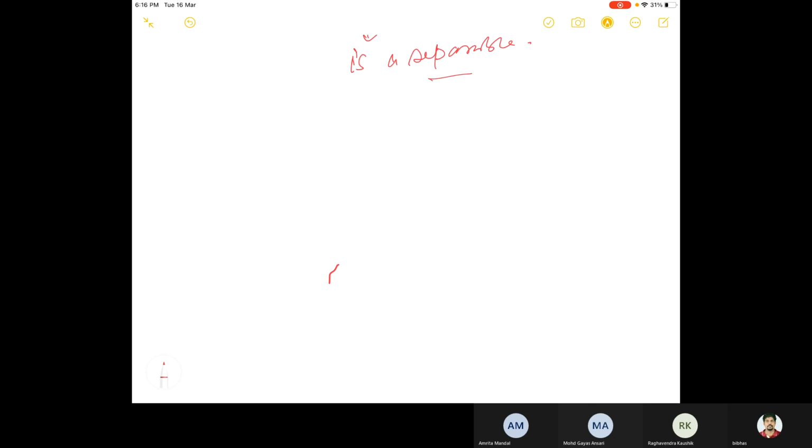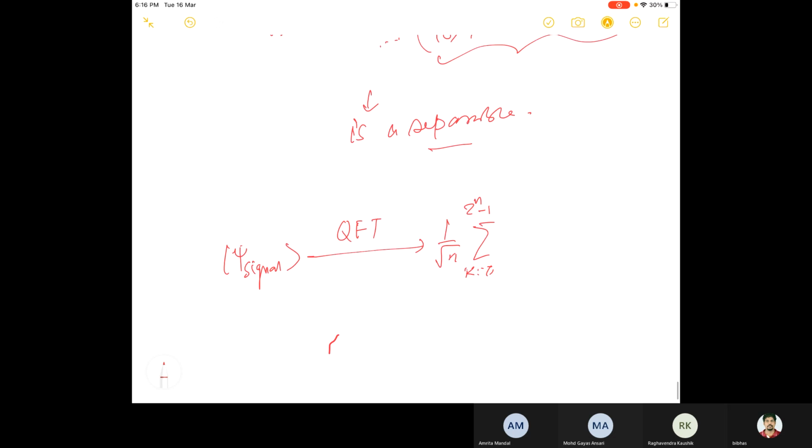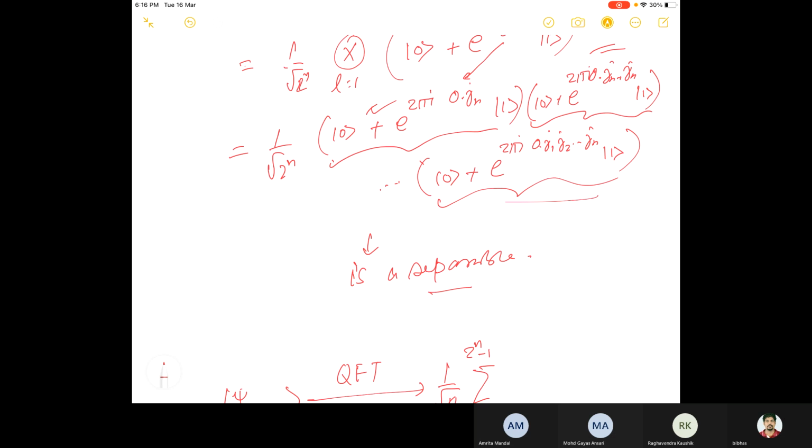So psi signal, the original signal: if you do a QFT, it will give you this. This is just a mathematical definition, but in the quantum domain. But we have seen that this case is the output.